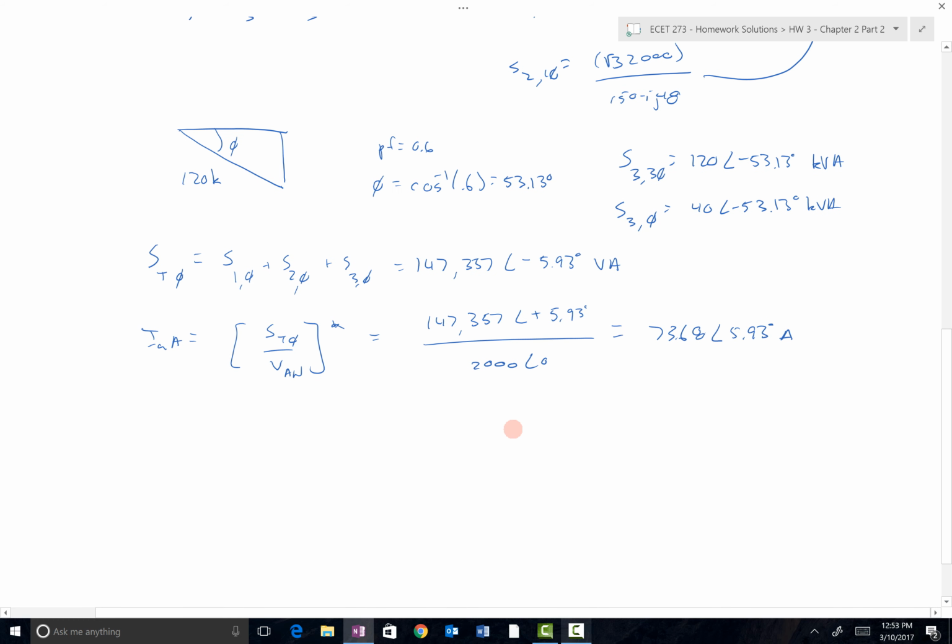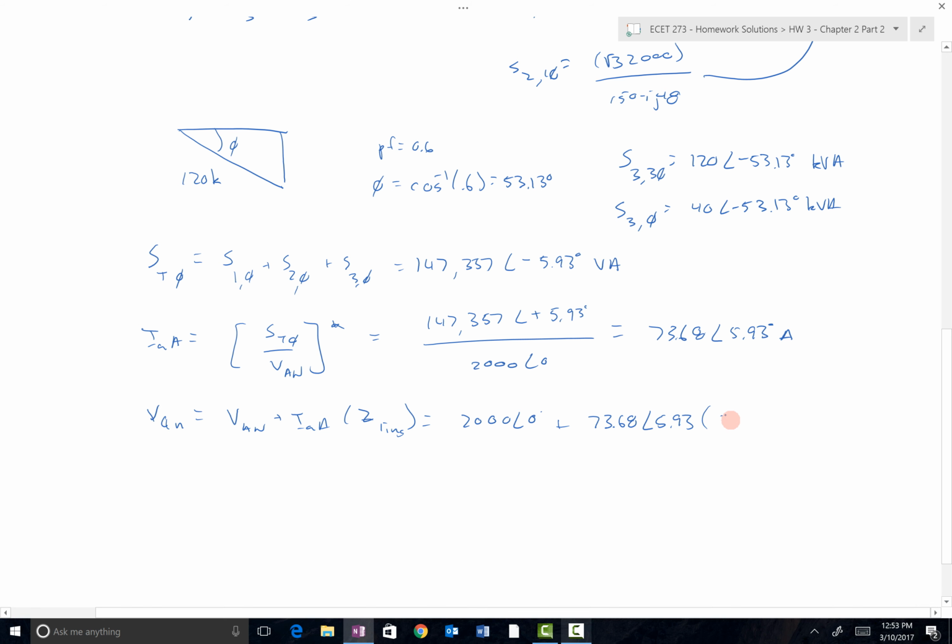So if I want to know what VAN is, from my previous formula, it's going to be VAN plus IAA times Z line, which is 2000 angle 0 degrees plus 73.68 at an angle of 5.93 times, what was the line impedance?